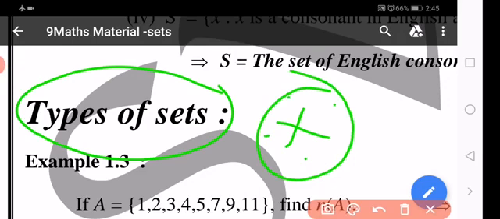Before this, if any statement is given in any form, then change that form into the other two forms. Take more examples and try to convert one form to the other two forms. Okay students, tomorrow in the next class we discuss the types of sets. Okay students, thank you.